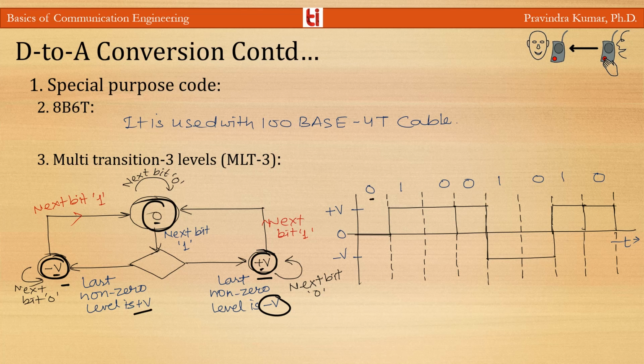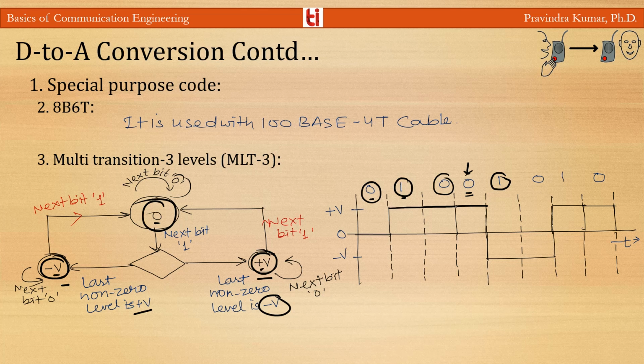Based on this, let me start with positive for the first bit 1. The next bit is 0, so there is no inversion and you stay on positive. The next bit is 0 again, so no inversion. At this point the next bit is 1 and the current level is 0, so the next level is opposite to the last non-zero level.